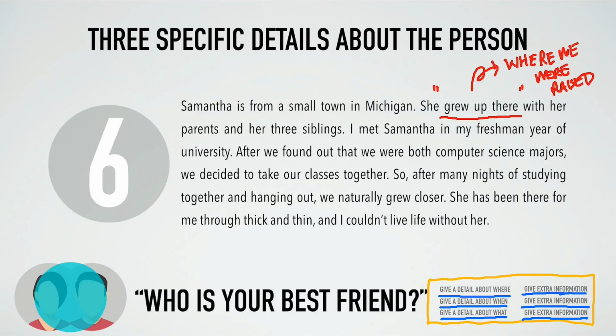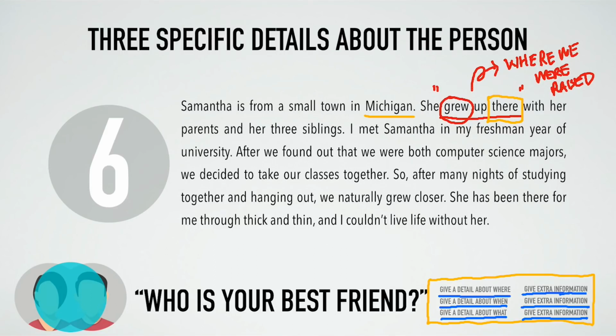Usually from childhood, though, because it says grew up, to go from small to big. So, I grew up, ... Now, we put there right here because we already mentioned Michigan in the previous sentence, okay?